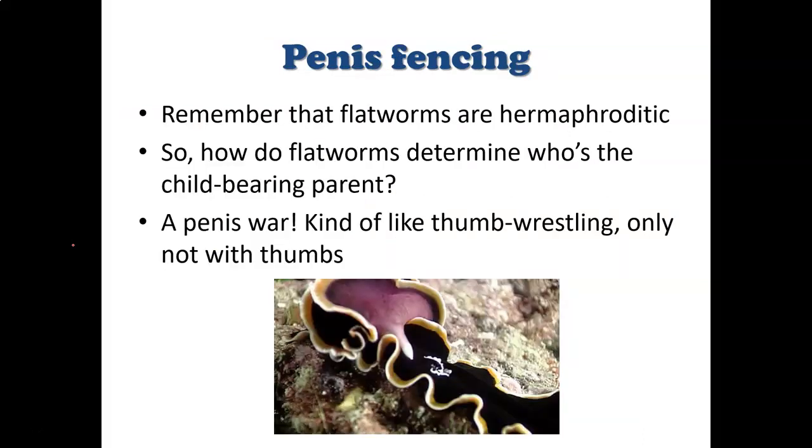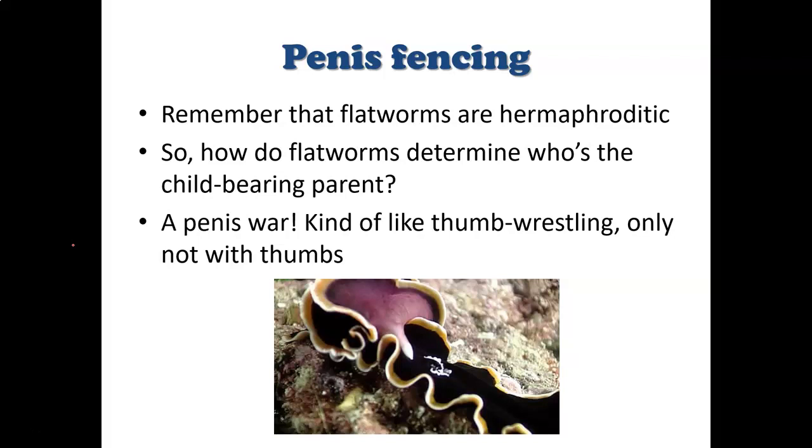So these turbellid flatworms, I said before, are hermaphroditic, right? And they're not unique in this. There are other hermaphrodites out there. Things like earthworms are hermaphroditic. And normally speaking, when hermaphrodites come together, they will simply exchange sperm packets, and they'll both get pregnant.